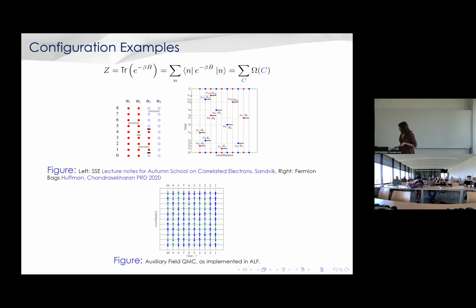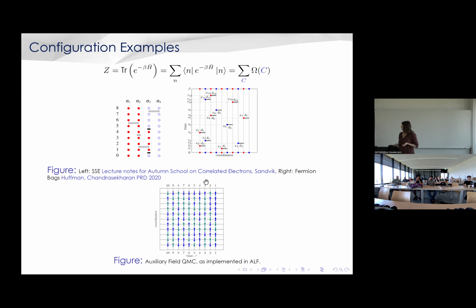What we're going to see for fermions, in particular auxiliary field quantum Monte Carlo as implemented in ALF, is that we aren't going to look at the fermions and their states at each time. Instead, we're going to introduce auxiliary spins, and auxiliary fields in general. They can also be continuous, but the most common example we'll look at is two types of spins, up and down.